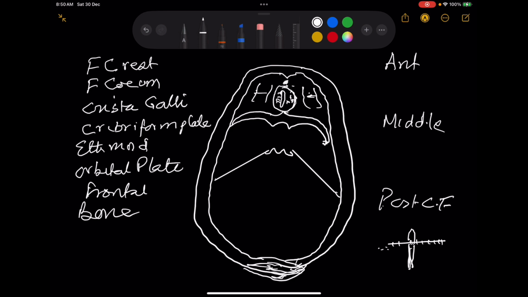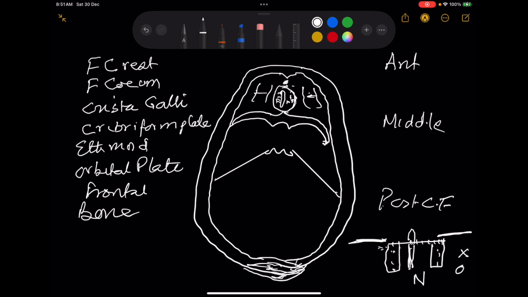Then there are two boxes on each side. These boxes divide the orbit and the nose, orbit here and nose here. And this is the orbital plate of the frontal bone.